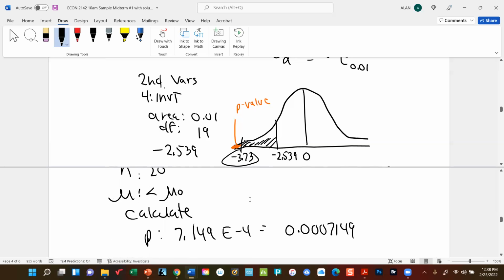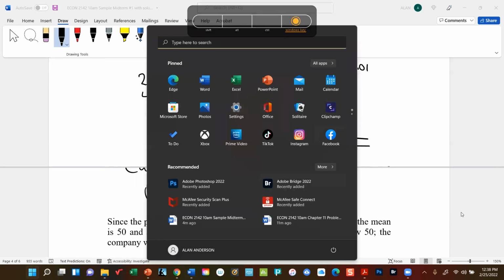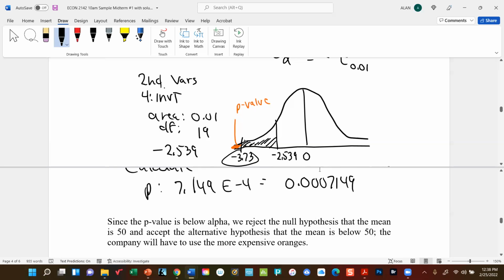It's tiny. It's so tiny, 0.007149. And because it's so far below alpha, we reject the null that the mean is 50 and accept the alternative that the mean is below 50, which means that we must use the more expensive oranges. That's exactly what we didn't want, but the evidence is there that the mean is too low. So we have to do something about it.